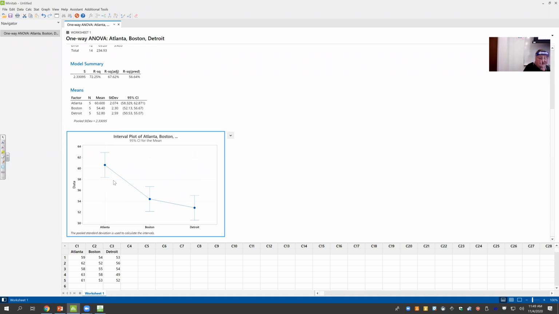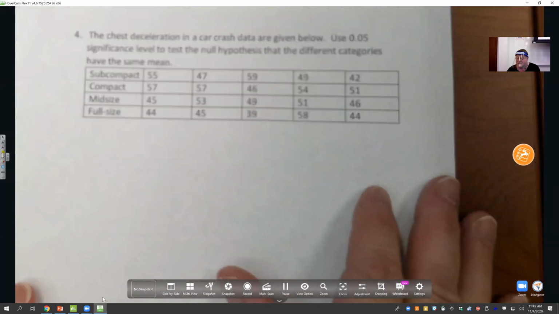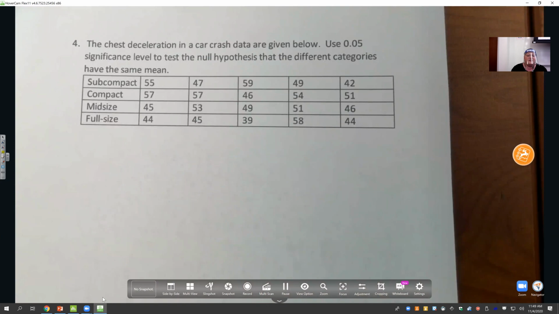Okay, let's look at this one because it's worded a little bit differently. Go back over here where you can see it. The chest deceleration in a car crash data are given below. Use 0.05 significance level to test, this one even tells you, to test the null hypothesis that the different categories have the same mean.